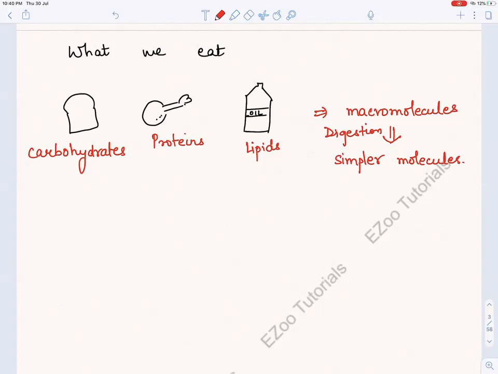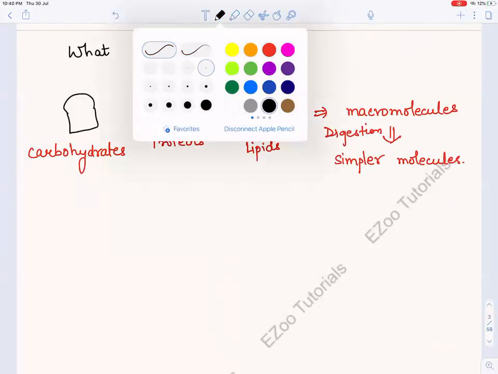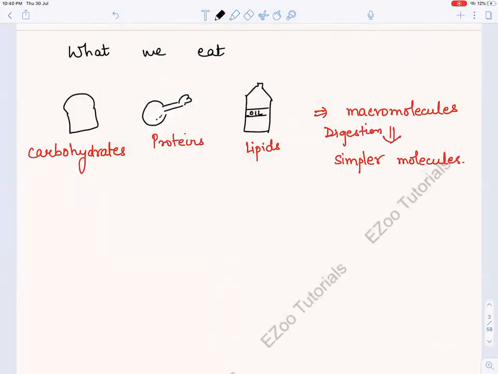So what happens? We eat, okay? Now, as zoology students, let's use a good term for eating: ingestion, okay? What is happening after ingestion?